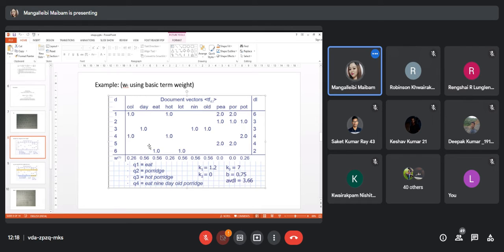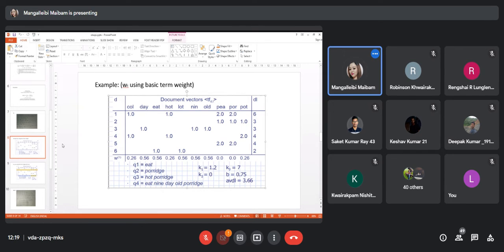Then the calculation here will be done in two ways, and that will be mentioned in your question paper, because while calculating WT, you can calculate it in two ways. First using the basic term weight and second using the improved ranking. So there can be two weights. That will be mentioned in your question paper, which model the WT calculation is based on.